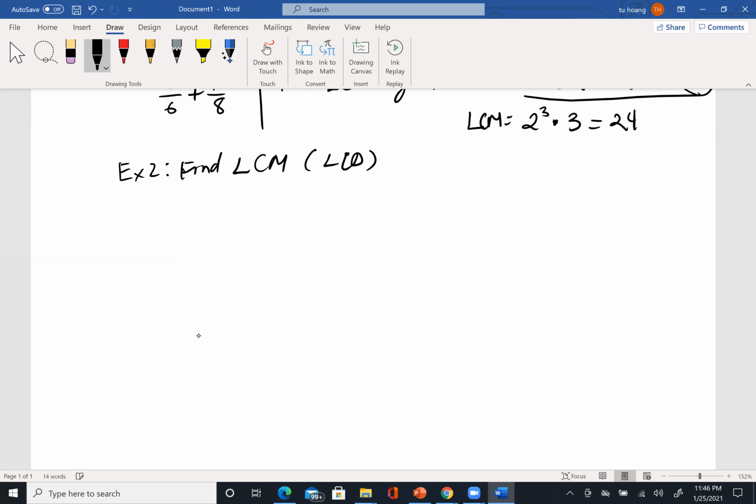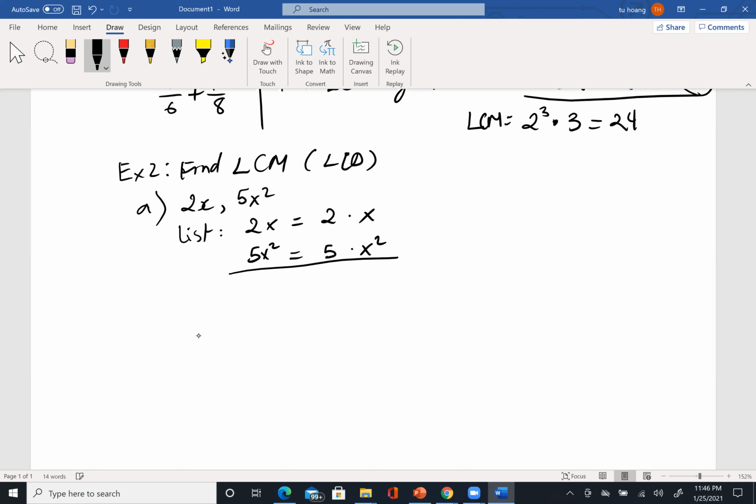So for A, I'm looking for 2x, comma, 5x squared, right? So let's list 2x and 5x squared. 2x will be equal to 2 times x, and 5x squared is going to be equal to 5 times x squared, right?